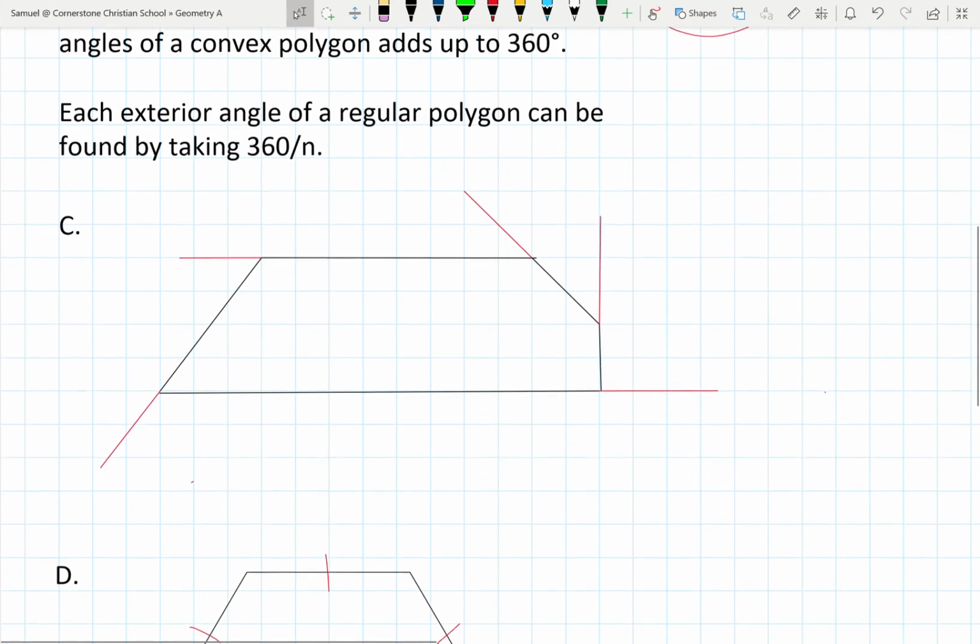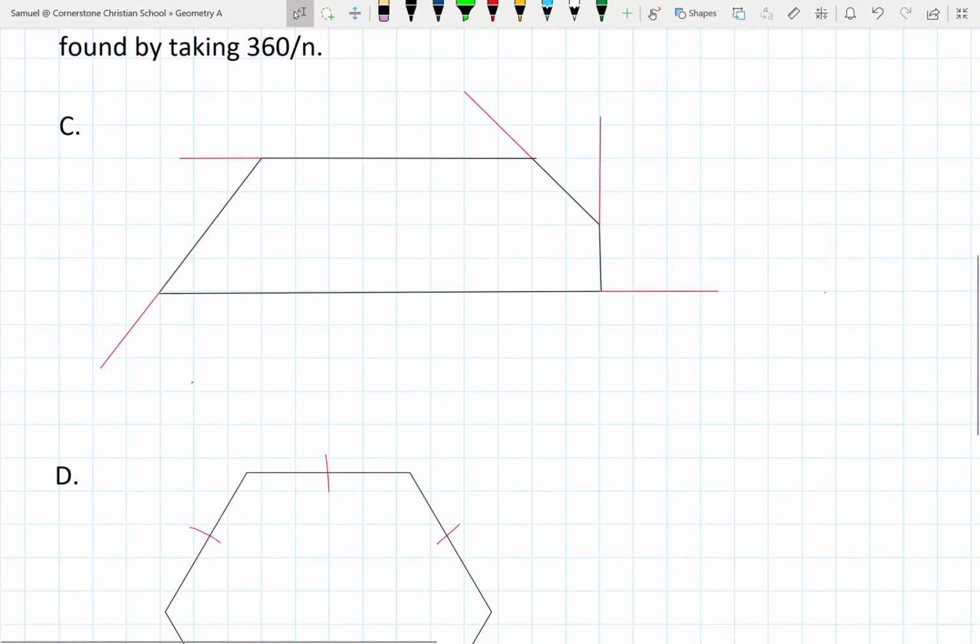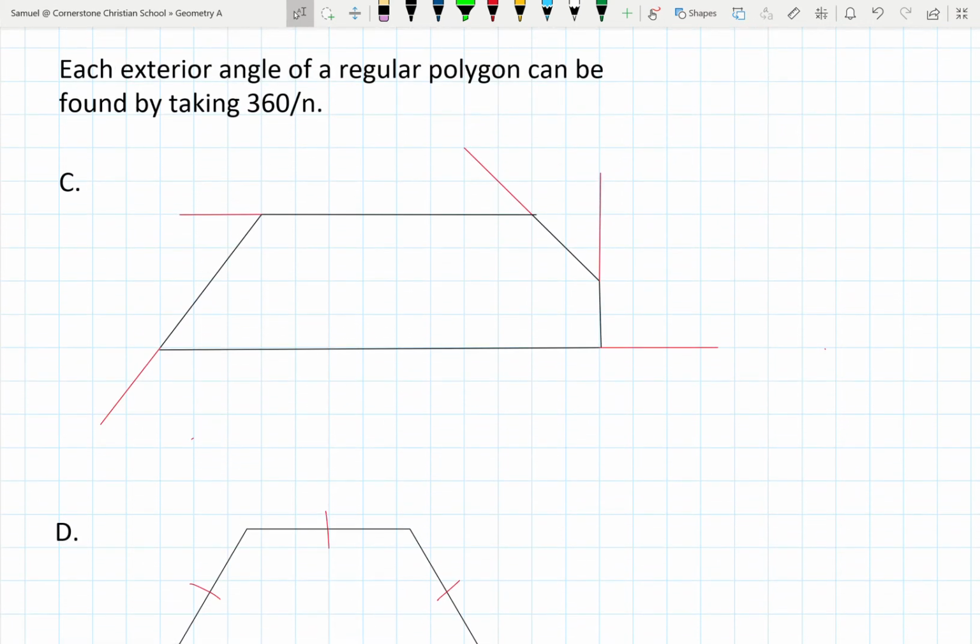If I take a look at example C here, I'm going to give some information. So let's say this is 3x, this is x, 2x, 2x, and 4x. And so I'm given this drawing and I'm asked to solve for x.